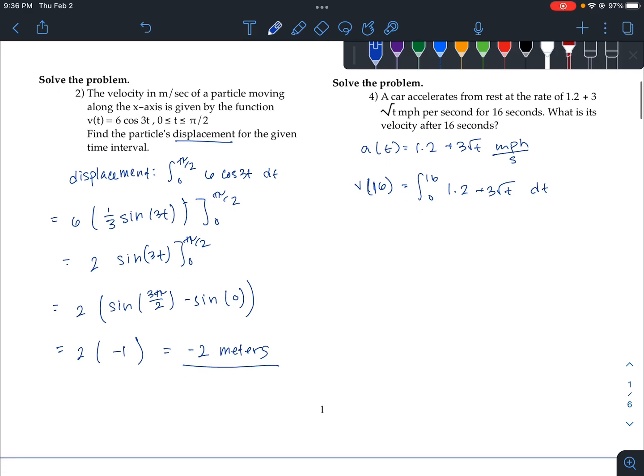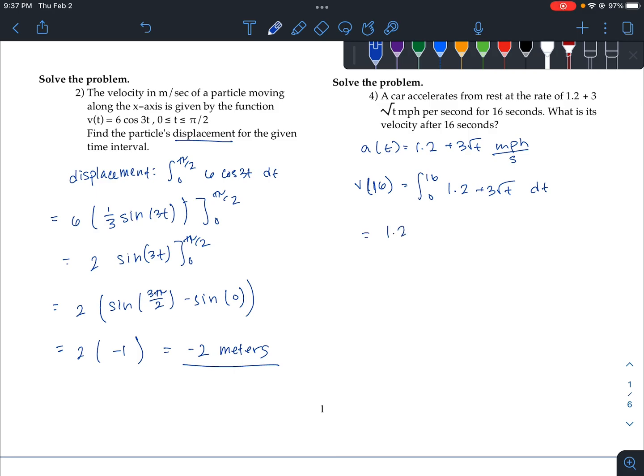So let's go ahead and perform this right here. That's going to be 1.2t as the antiderivative. Remember that square root of t, so this is 3t to the 1/2 power.